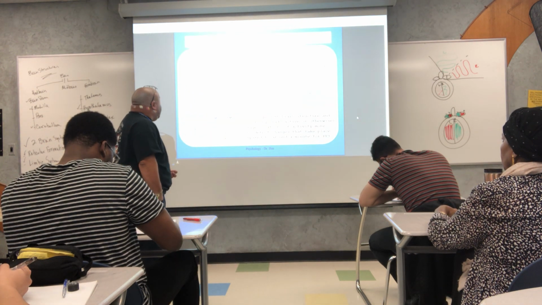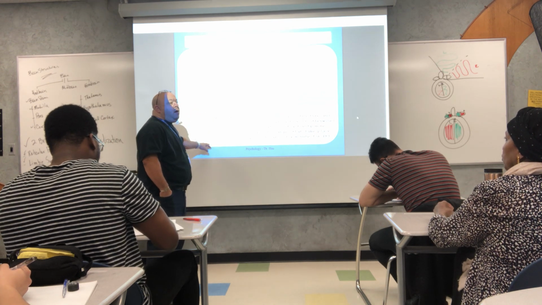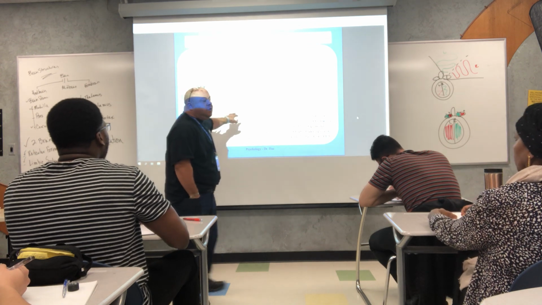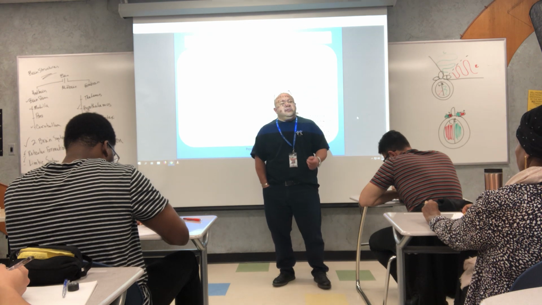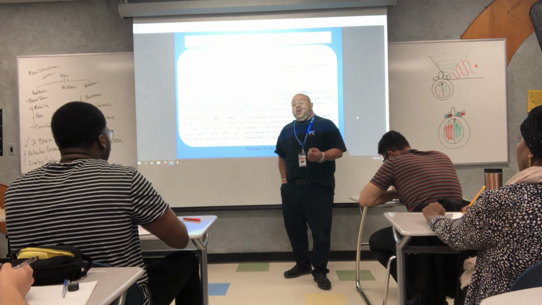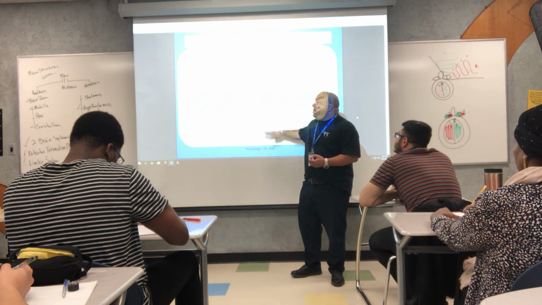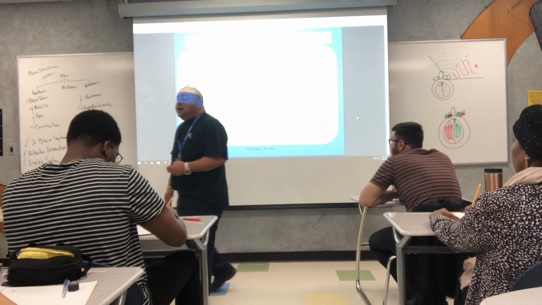Once again, you might say, why would we do a PET scan if we can do an MRI? Well, sometimes in certain kinds of tumors, for example, we want to see metabolic activity because those tumors are very metabolically active. And so a PET scan would give us more information on those tumors than an MRI.